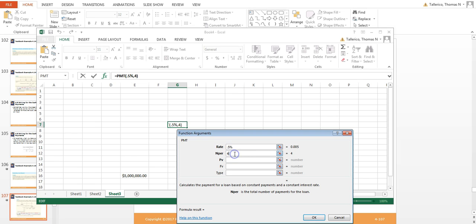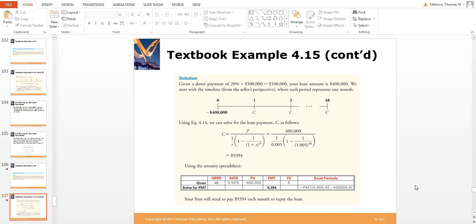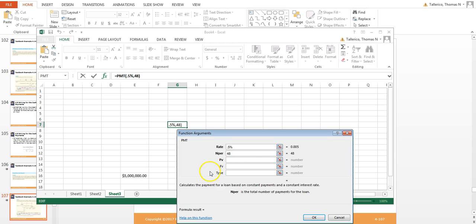The rate is .5%, 48 periods, and 400,000 is the present value. So this will just give us the payment, and this is good to know. And there's the payment, just as in the slide.